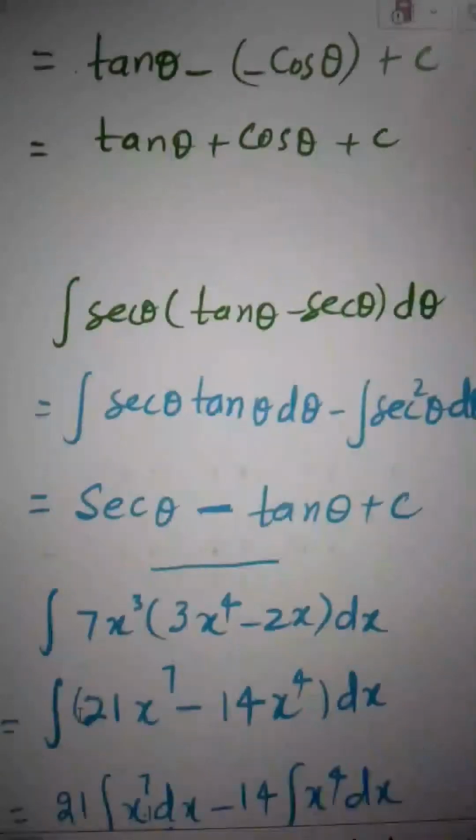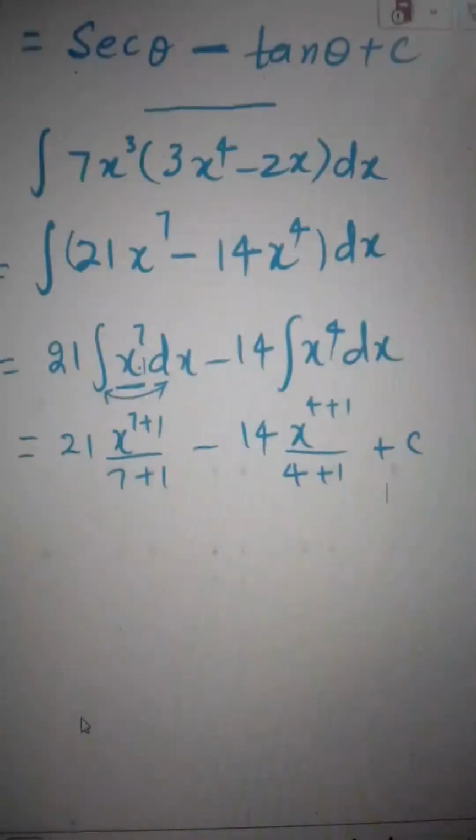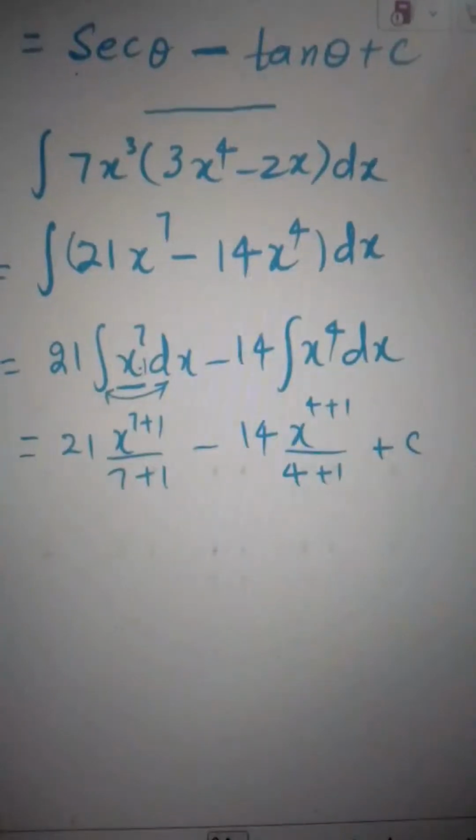It will be 21 by 8 x power 8 minus 14 by 5 x power 5 plus c.